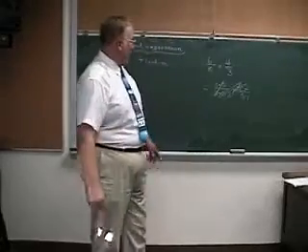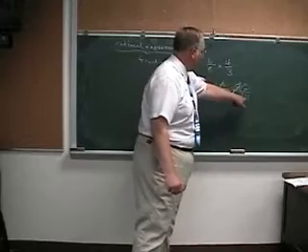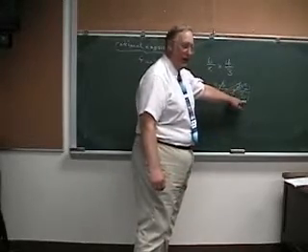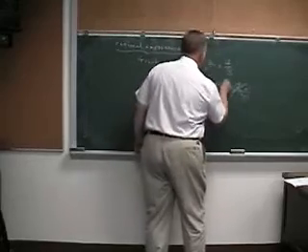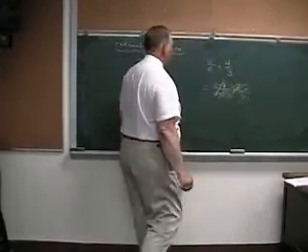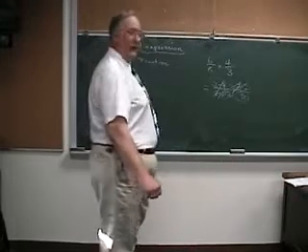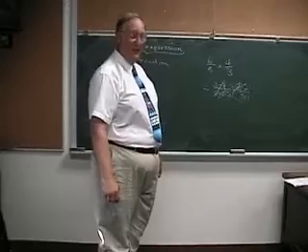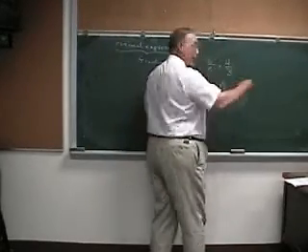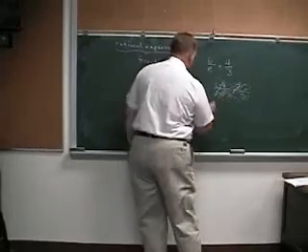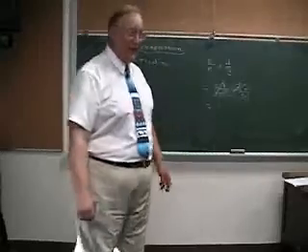So far, I've got a 3 up here, and then I've got 1, 2, 3 ones. A 3 down there. So I have a 3 on top and a 3 on the bottom. 3 divided by 3 is 1 again. So all I've got left is 1s. And 1 times 1 times 1, and 1 times 1 times 1. Top is 1, bottom is 1. 1 divided by 1. That was kind of interesting. We got rid of a lot of things, didn't we?